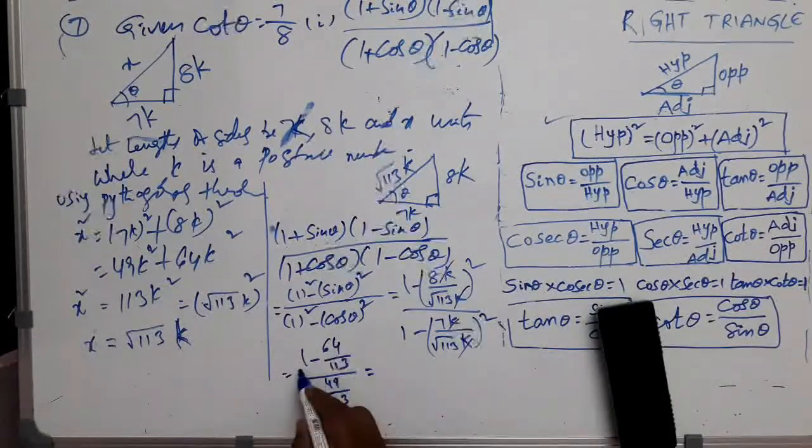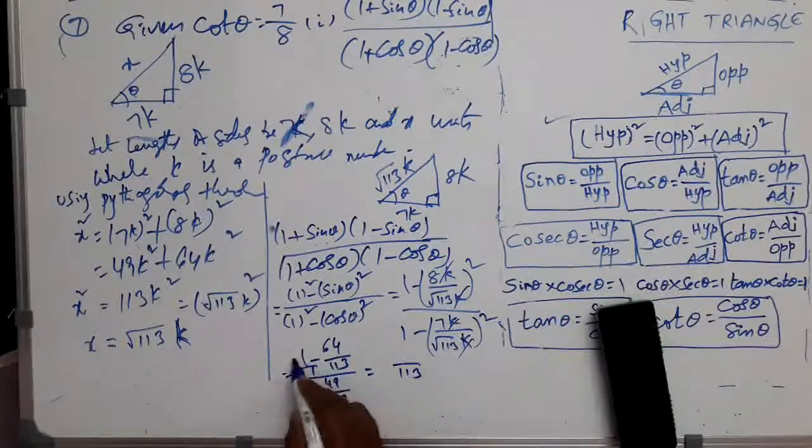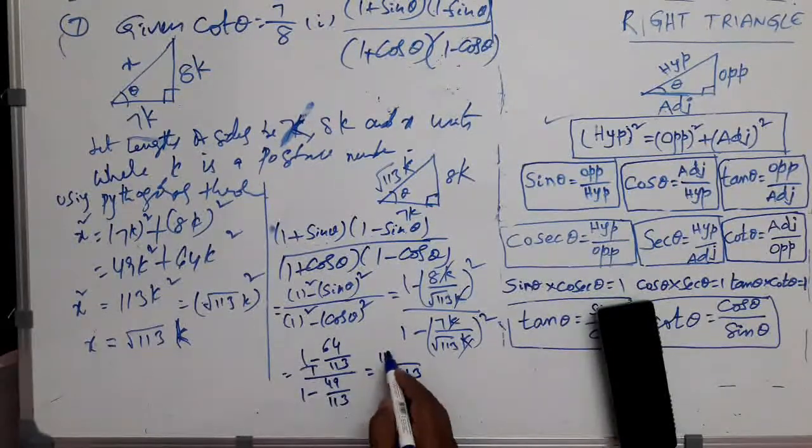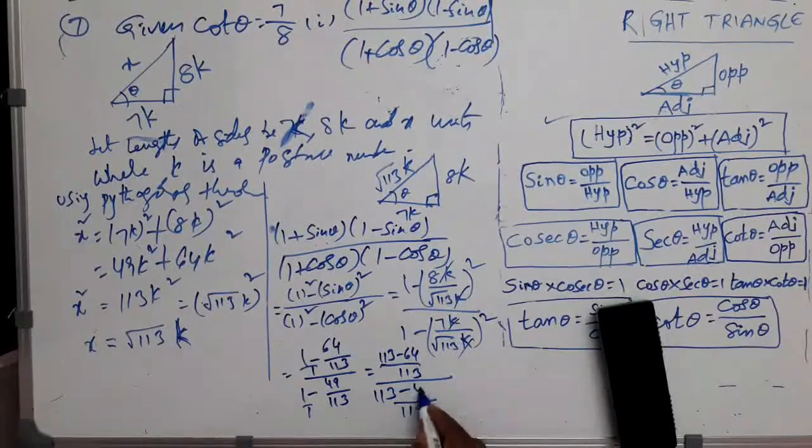Simplify further. What will be the LCM here? 113. Numerator will be 1 into 113 minus 64 into 1, divided by, the same way, here LCM will be 113. 1 into 113 is 113 minus 1 into 49 is 49. 113 and 113 get cancelled, right?